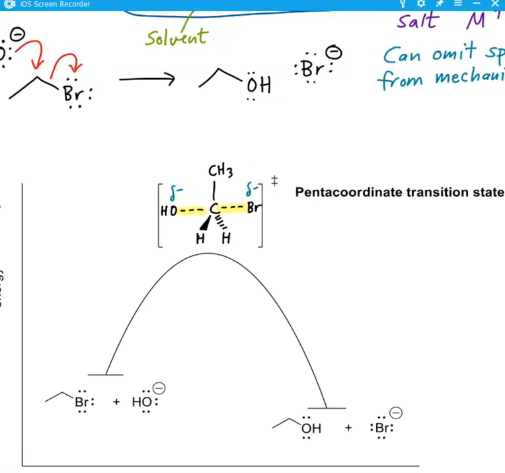So remember, that's what characterizes a transition state. It has at least one bond that's not fully formed. So our highlighted bonds are forming or breaking.